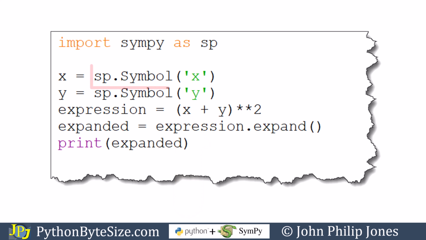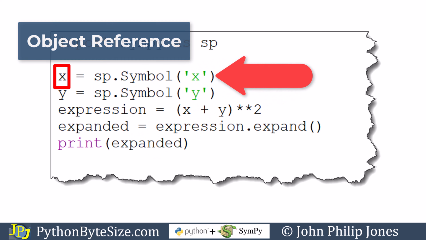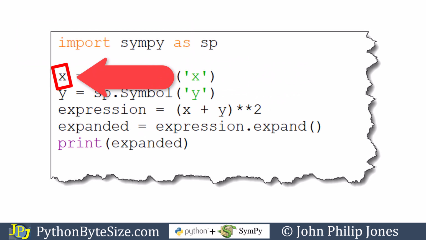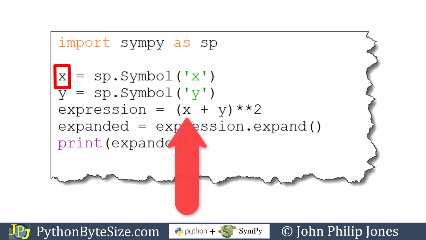So you can see when this executes, I end up assigning it to x because we need to get at what this has created. And it seems sensible to assign it to x because it is now known by x in the computer program. So x indeed is an object reference to the symbol object. In other words, to the symbol which I want to use in the mathematics, which is defined by this string.